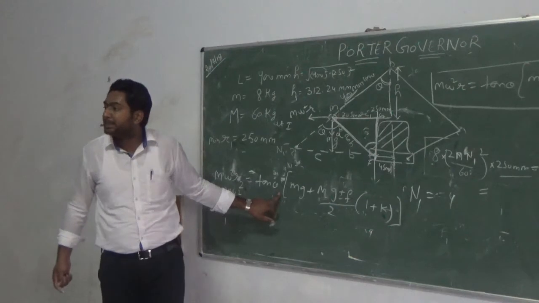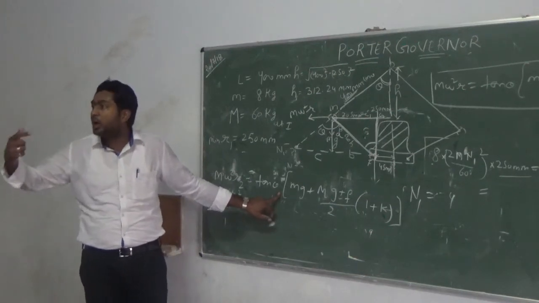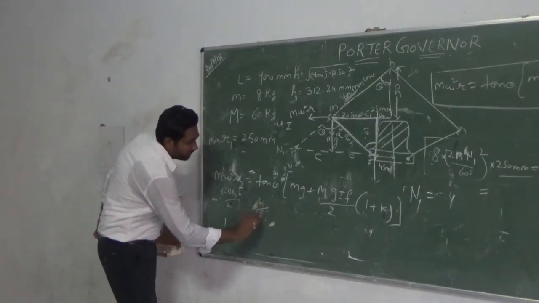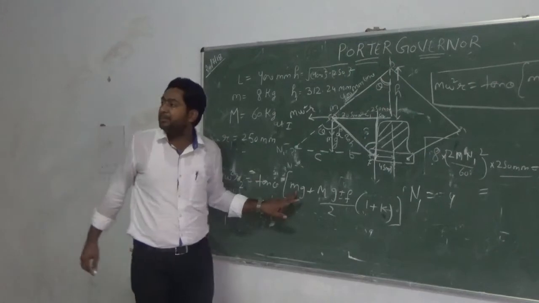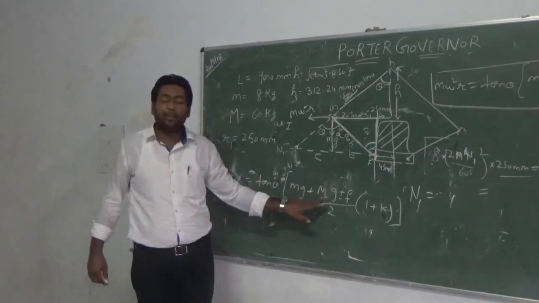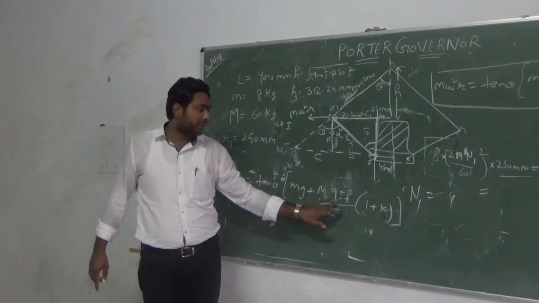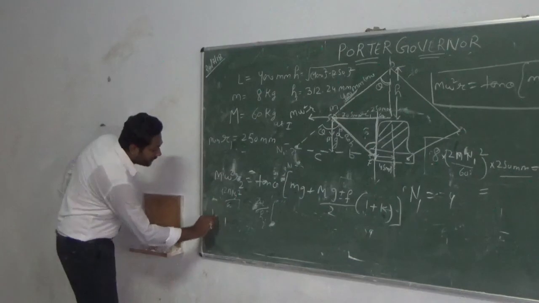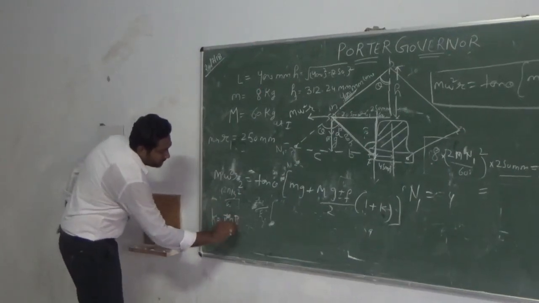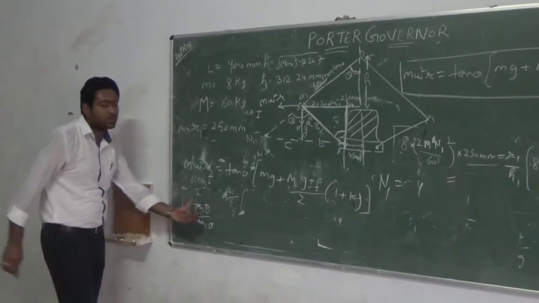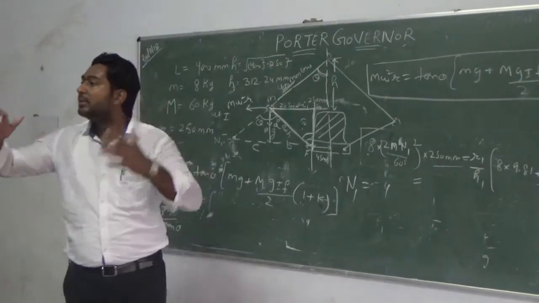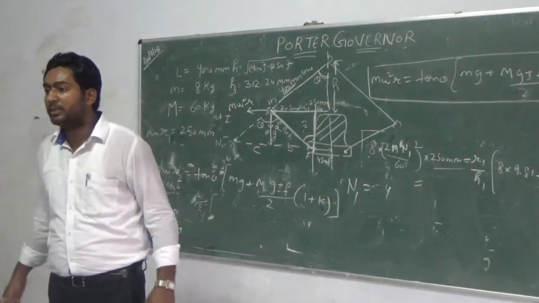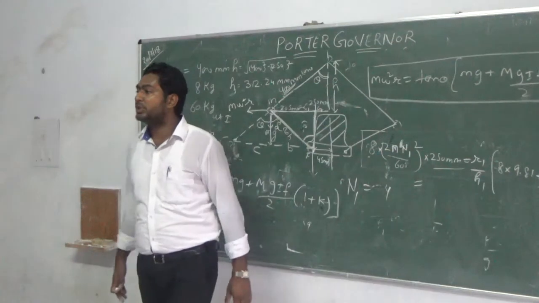Tan theta is r2 upon h2. m is the same, g is the same, capital M is 60 given, f is 0, 1 plus k. So the value of k is changing because the angle is changed at the minimum or maximum position.